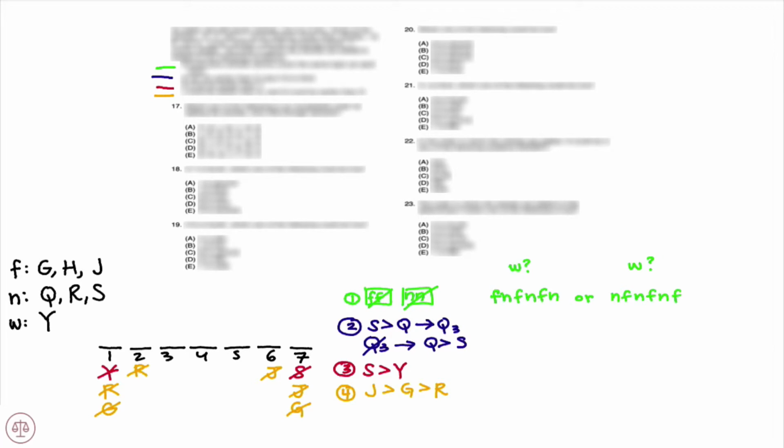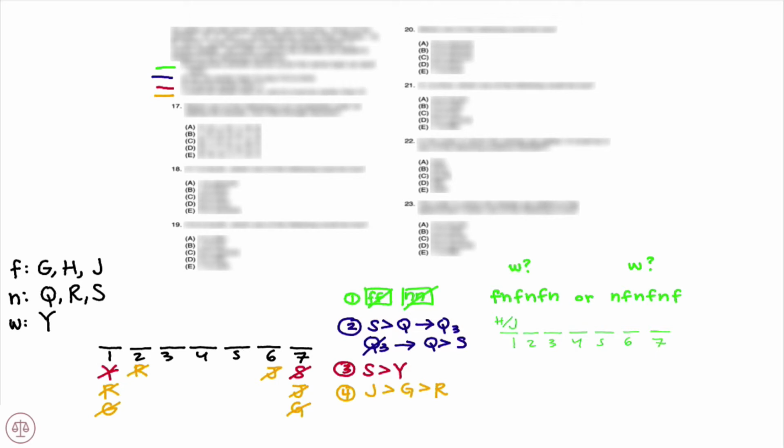Now in the first scenario, where finance is going to be first, let's try and see where wildlife can go. So if finance is first, and we know that G can't be first from rule number 4, it's either going to be H or J first. Now, can we have wildlife second?